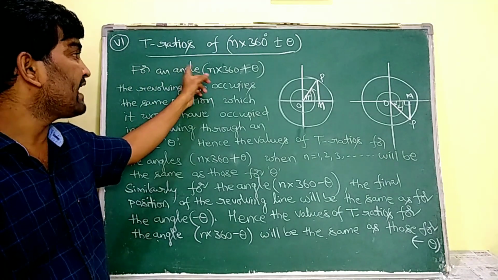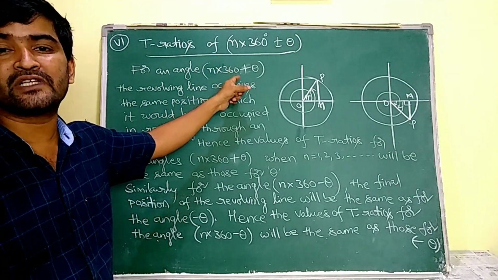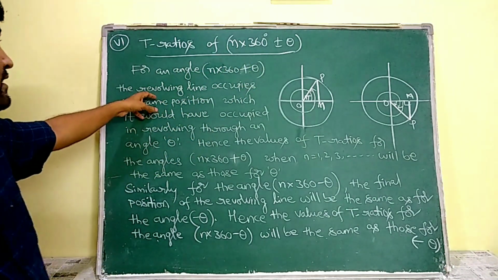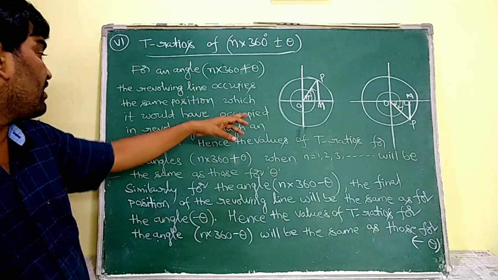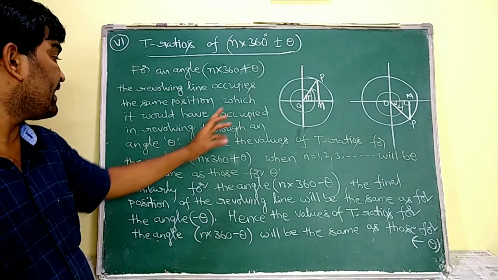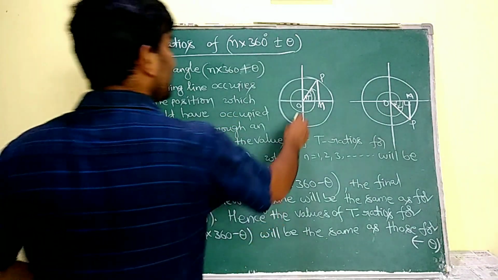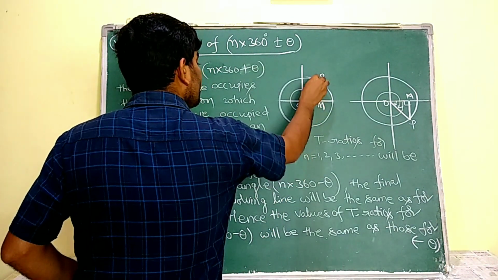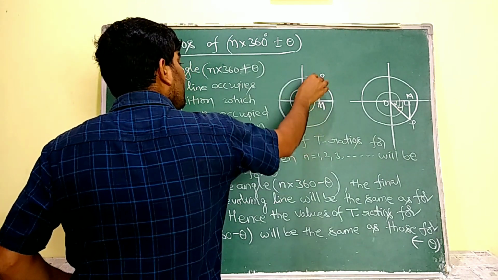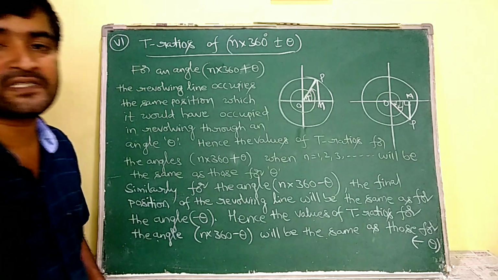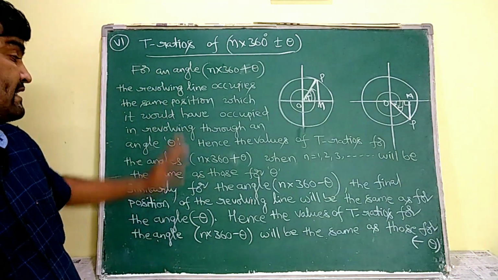For the angles in the form n into 360 plus theta, the revolving line occupies the same position which it would have occupied in revolving through an angle theta. For angle theta, this OP occupies this position only. For 360 plus theta also, OP occupies the same position.